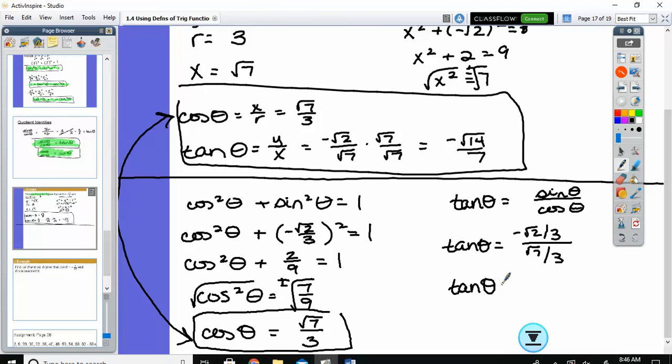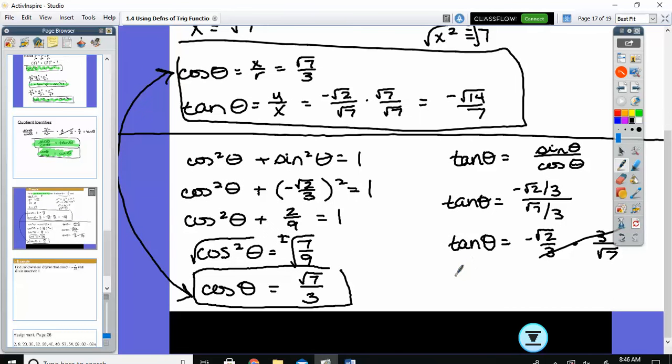Cosine was radical 7 over 3. To divide fractions, you flip and multiply. So you get negative radical 2 over radical 7. Multiply by radical 7 on top and bottom, and you get negative radical 14 over 7, which is the same thing we got before.